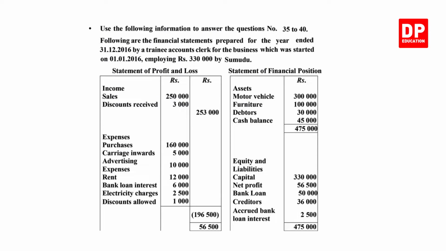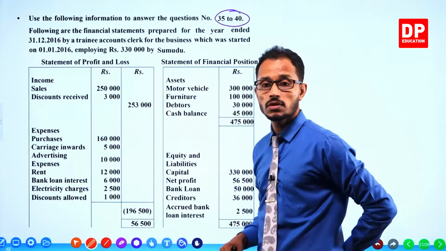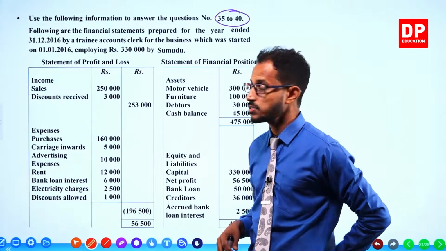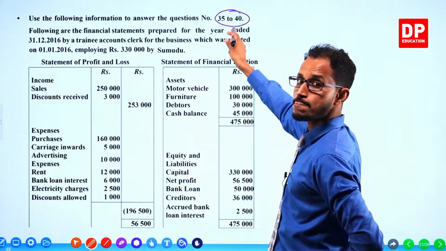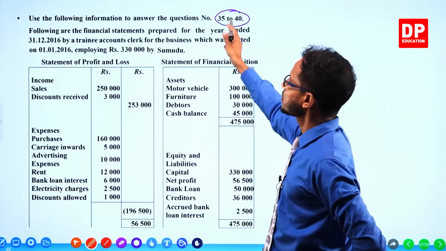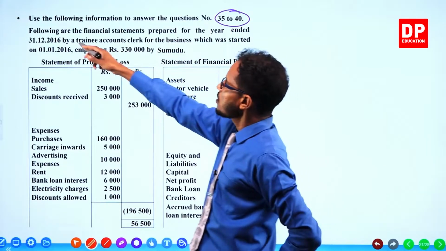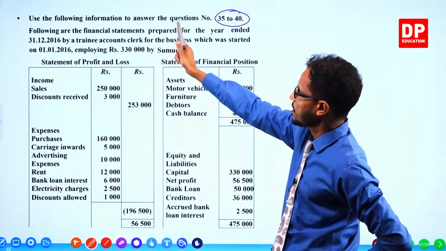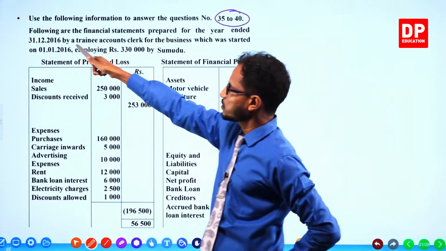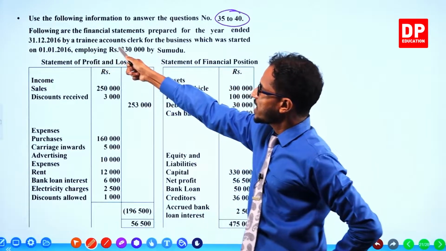We should use the following information, that means the information in these financial statements, and we have to answer questions 35 to 40. Following are the financial statements prepared for the year 2016 by a trainee accounts clerk.